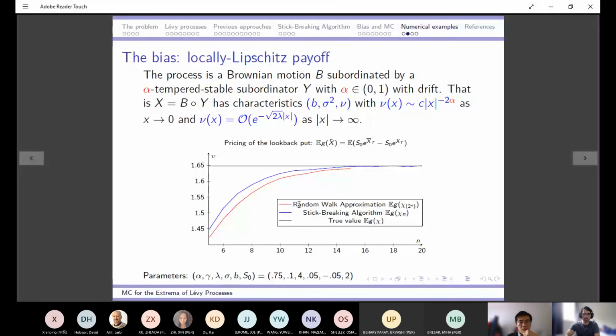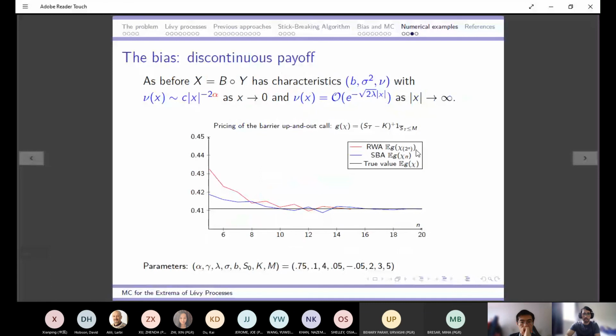And this is the payoff I worked with. So this is a look back put, and if you now work with a discontinuous payoff, so now this is a barrier up and out call, right? You have this call option, and if you exceed a certain level, then you get nothing. The convergence, of course, is also comparable, right?